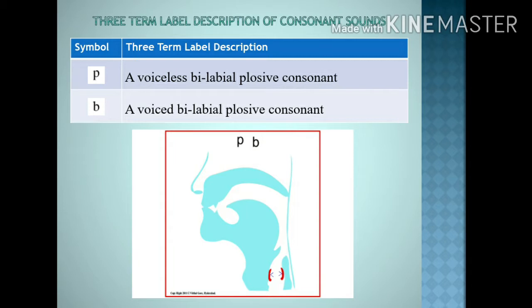When you bring both the lips together, that contact or closure is created. And when the pulmonic air that comes from the human lungs is stopped in the mouth cavity, you can try to pronounce it. P, B, P, B.